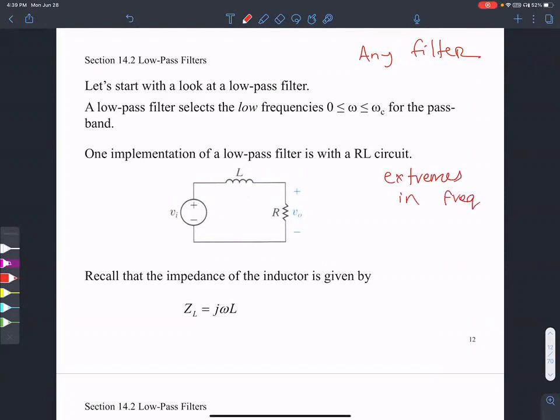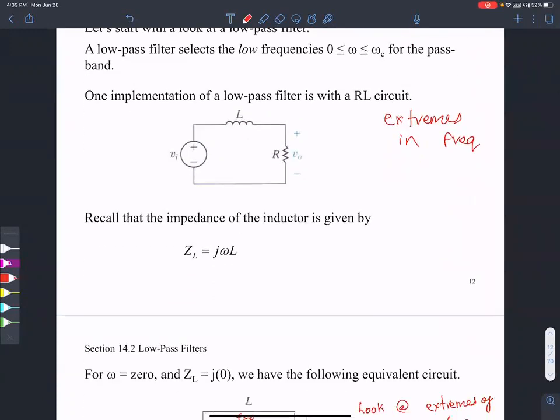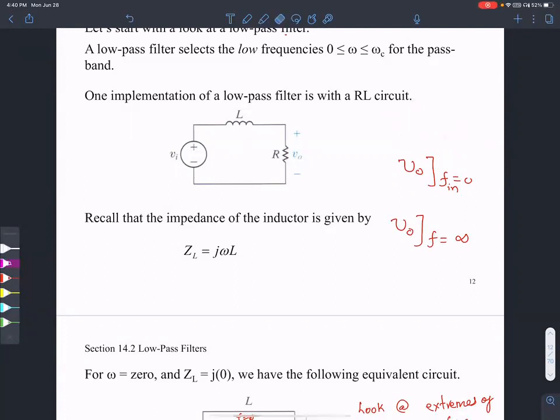The question you should be asking yourself is, what is V out when frequency is 0? And what is V out when frequency is extremely high, infinity? When the frequency of this signal is extremely low, what is the output value? So on and so forth. So you want to look at the extremes.